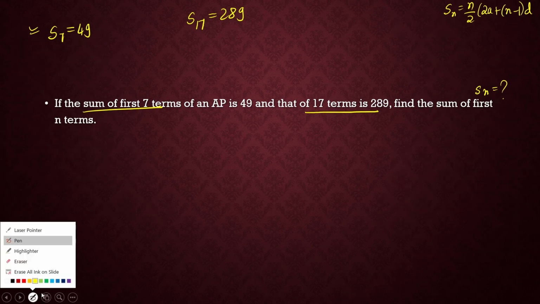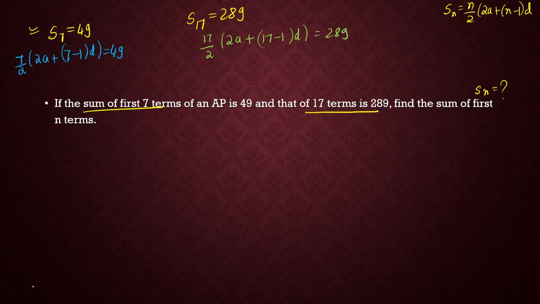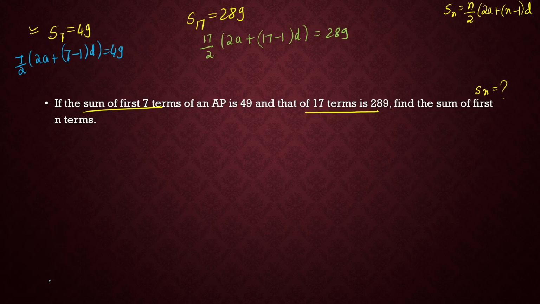I'll solve both of them using different colors. 7 by 2 into (2a plus (n minus 1) into d) is equal to 49. And in the other case, 17 by 2 into (2a plus (17 minus 1) into d) is equal to 289. Just solve these two equations, you will get the value of a and d. After that, you can find the sum of first n terms.